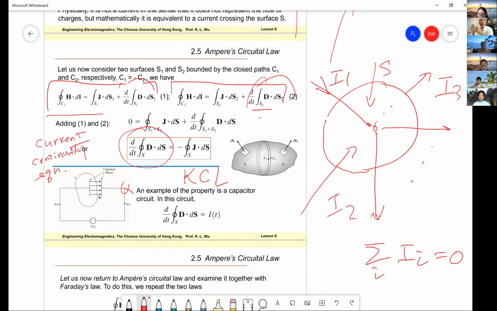All right, then we have KVL. If you have a charge put inside this system, and this charge is changing with time, for KVL you have to wait for a little while. Why do I ask you to wait? Because the charge will eventually be depleted, but it depends on the material surrounding it.